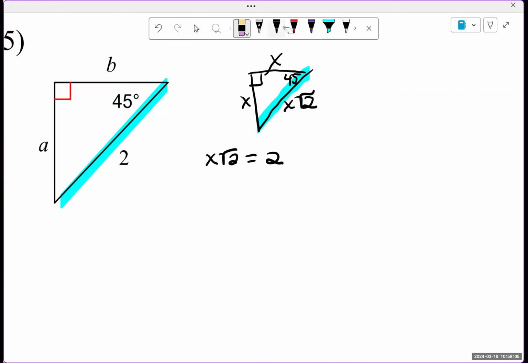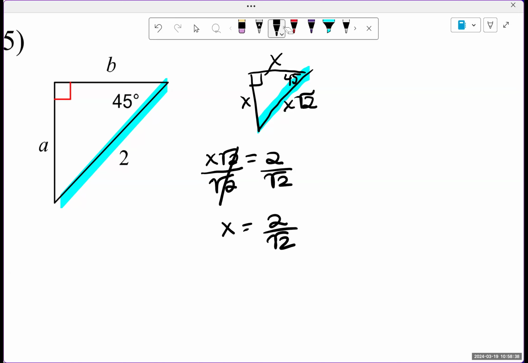Okay, how do I solve for X? Kind of a bummer. Divide by what? Nope. Okay, divide by rad 2. Such a bummer. No radicals in the basement. Okay, I can't leave it this way. Never leave a radical in the basement.